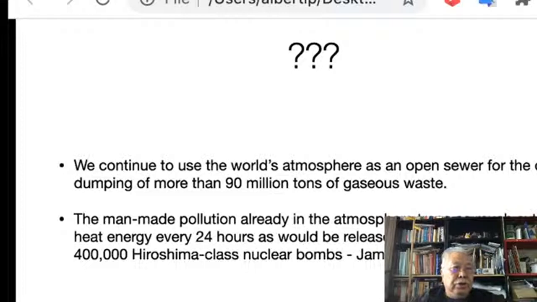We continue to use our world's atmosphere as an open sewer. We are dumping at least 15 million tons of gaseous waste into our atmosphere. And this man-made pollution already in the atmosphere traps as much extra energy every 24 hours as would be released by the explosion of 400,000 Hiroshima-class nuclear bombs.